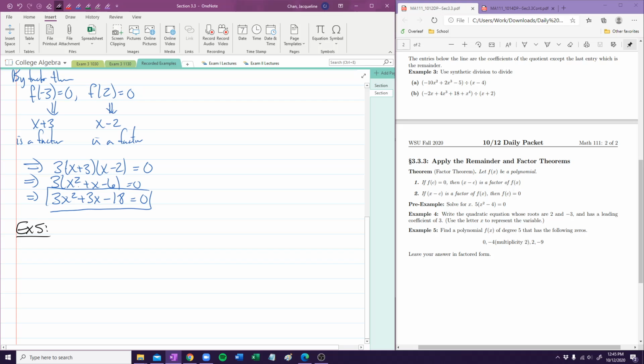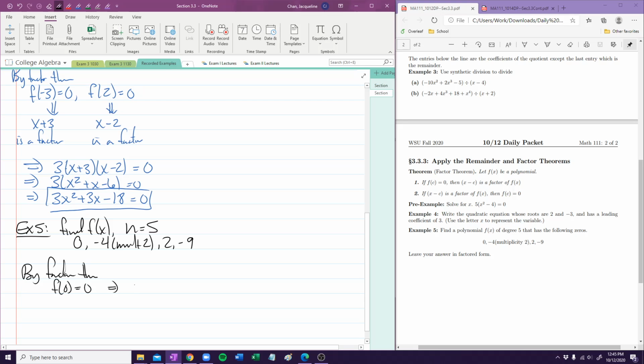So now let's do example 5. Example 5, we want to find a polynomial f of x of degree 5. My degree, or I'm going to denote it by n, is 5, and it has the following zeros. So again, by factor theorem, we know f of 0 is equal to 0.